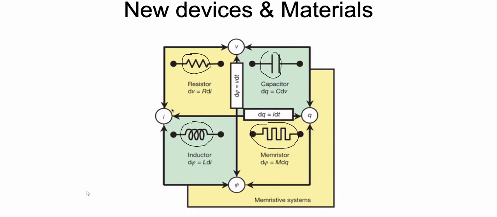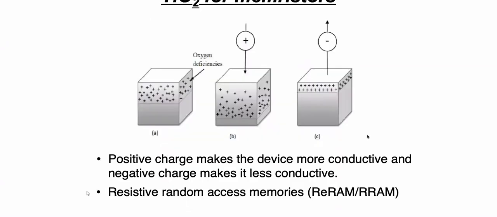So since we have 4 variables, we need to have 4 devices. Very few people are using memristors. Everybody is using resistors, capacitors, and inductors. Maybe using memristors, we can get a much better circuit for some specific applications. The only problem was that memristors were not available commercially.